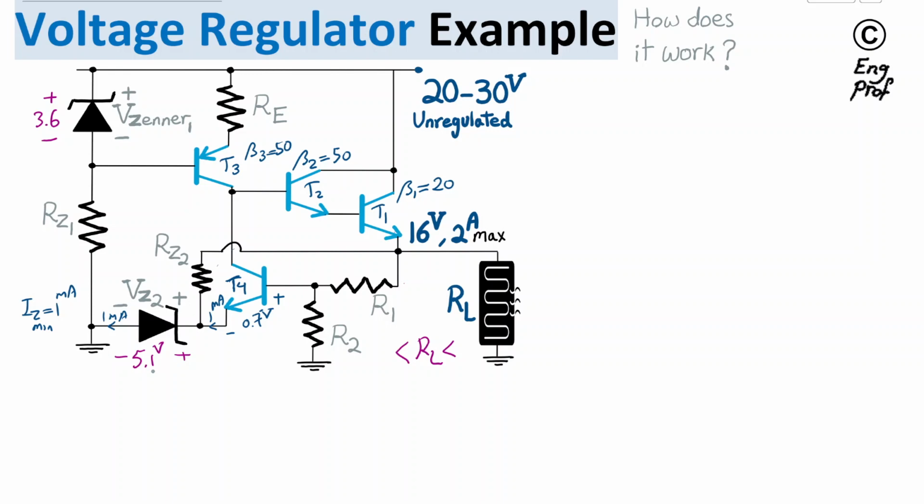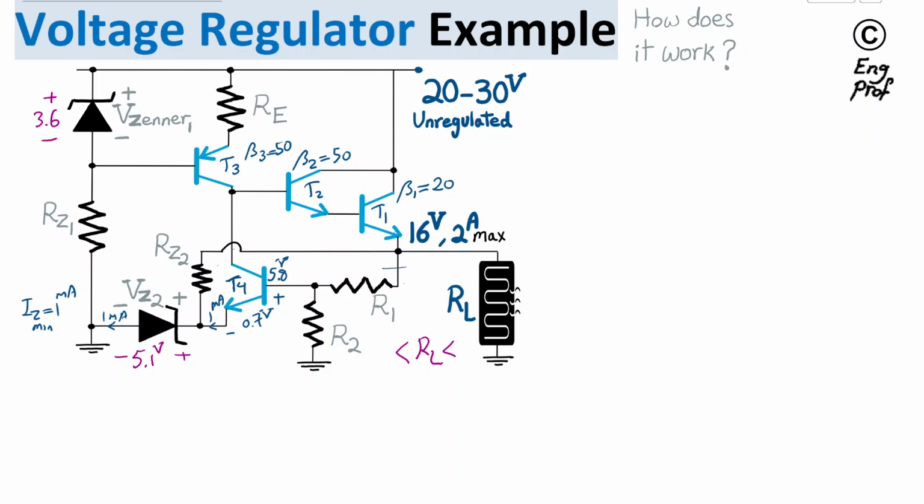So from ground we go 5.1, then 0.7 volt. Therefore, at the base of transistor T4, we get 5.8 volt.